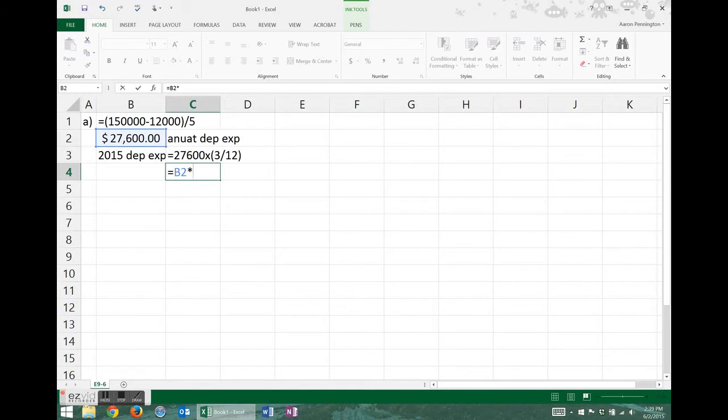Alright, and we get $13.80. That is actually depreciation per working hour.